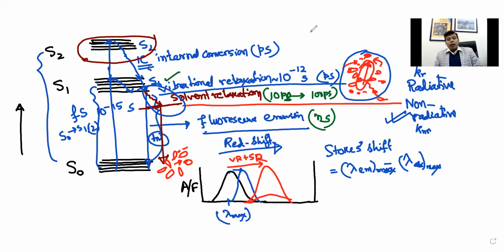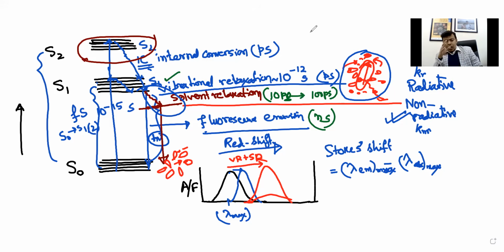Now, why are these things so important? You can imagine the entire process as a cycle: from S0 you go to S1, it gets relaxed into the vibrational excited states, then solvent relaxation, then it comes down, then again it can go up, and so on and so forth.